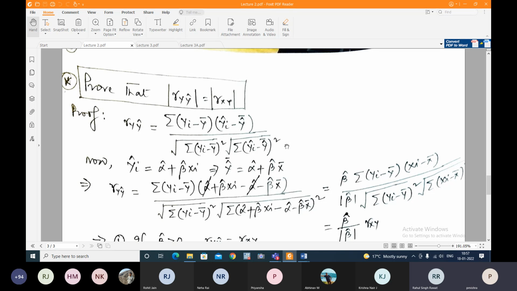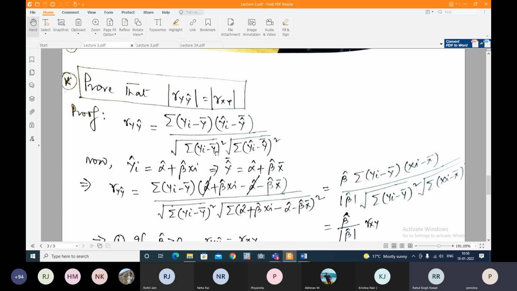I didn't divide both numerator and denominator by n because it automatically cancels out. Now, y hat i is equal to alpha hat plus beta hat xi. That means y hat bar is equal to alpha hat plus beta hat x bar. How am I getting this? Basically, you just take summation and divide by n both the sides, you will get it.